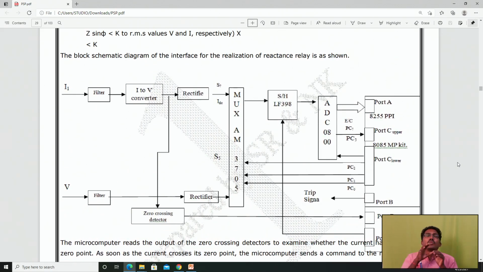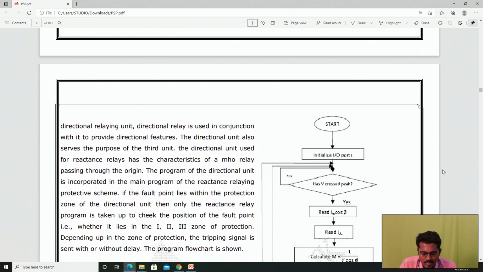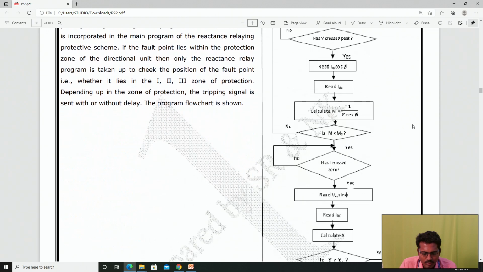Okay. So the V2 value we are taking and doing zero crossing. That zero crossing will be given to port B. From that calculation, the current value and voltage value, we will get some value. That value will be taken as the measured operating value. Okay.